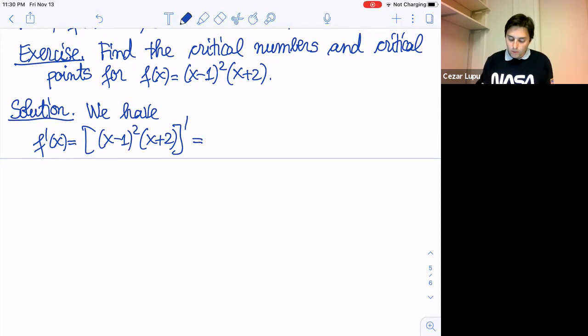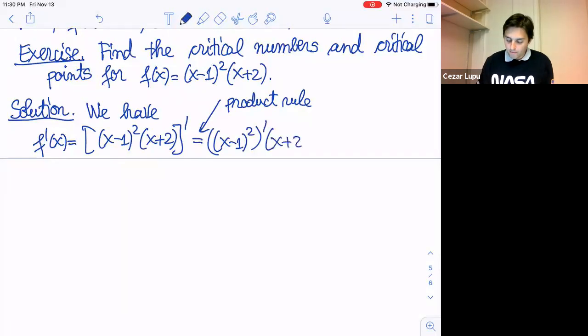And when we apply the product rule, this will be x minus 1 squared prime, let me put it this way, times x plus 2 plus x minus 1 squared times x plus 2 prime.